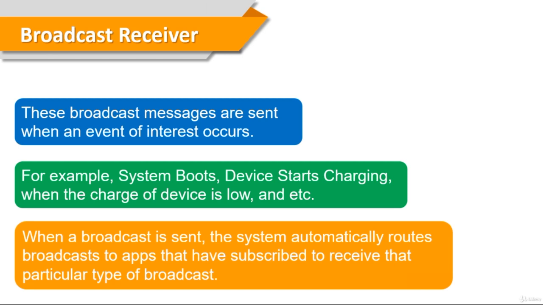Your application can subscribe to system events, and when the device is connected to Wi-Fi, the Android operating system sends a broadcast receiver message to the application. And then after this message, your application starts to send the user photos to the server. Now also, when the device is disconnected from Wi-Fi, the system will send a message again to the application, and your application will stop sending photos to the server, right?